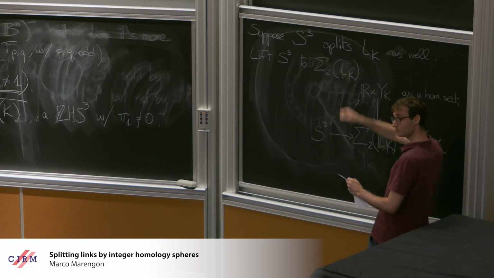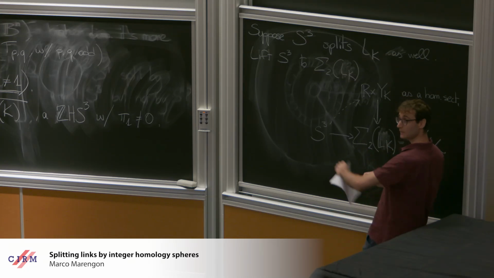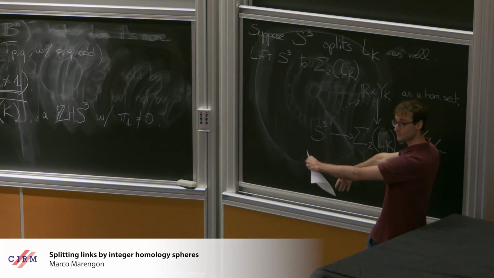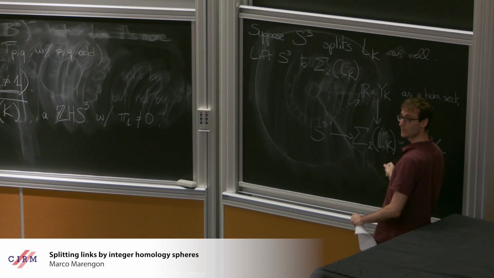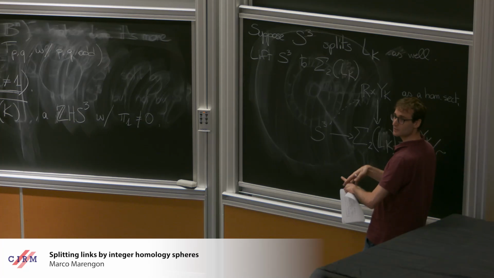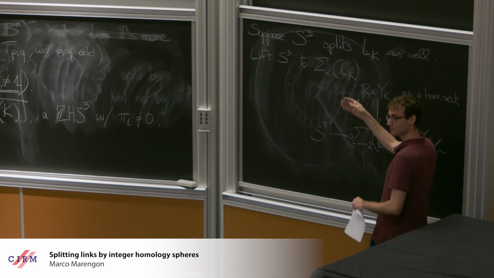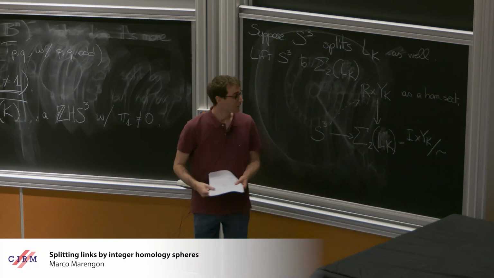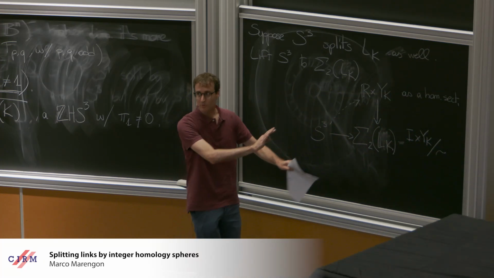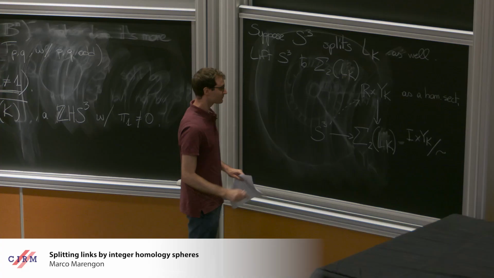You can pick a path from one component of the link Lk to the other one. This will intersect the separating sphere once, algebraically. And so this happens also upstairs. And this tells you by duality the homology class of this lift of S3. So it's just a homological computation.